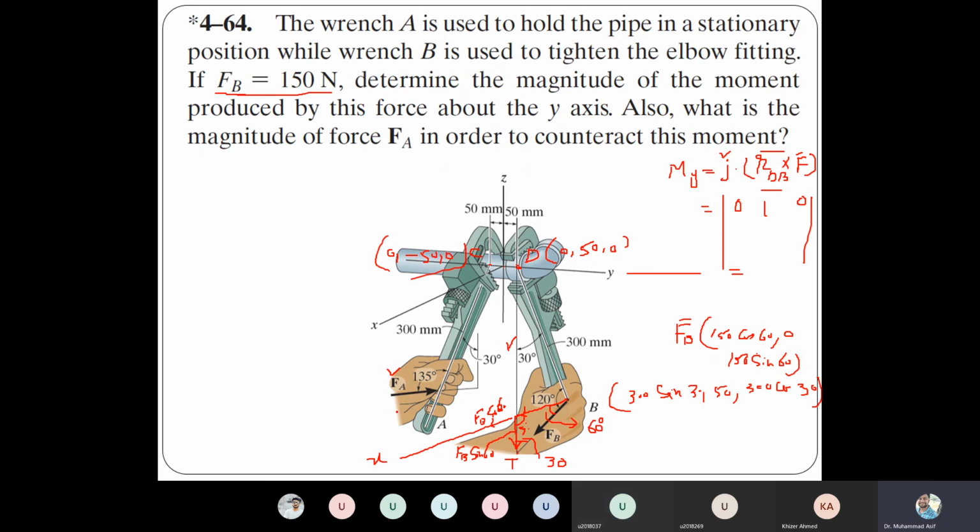Similarly, you can resolve F into different forces. Here you have the 30 angle.